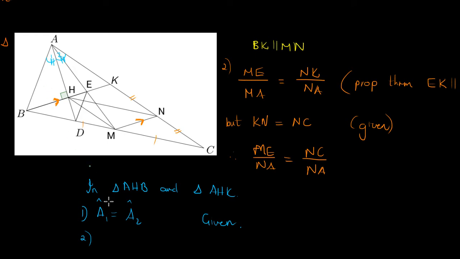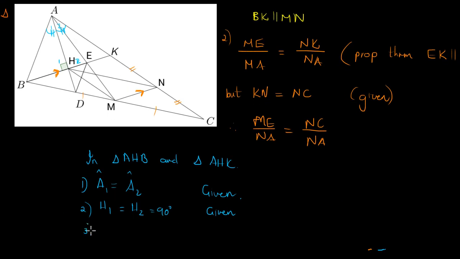Then we know that H1, let's call this one H1 and that one H2, H1 is equal to H2, given. It's equal to 90 degrees. Again, that is just given. And then finally, we know that AH is just equal to AH. Common side.